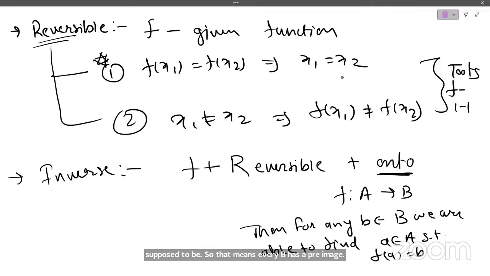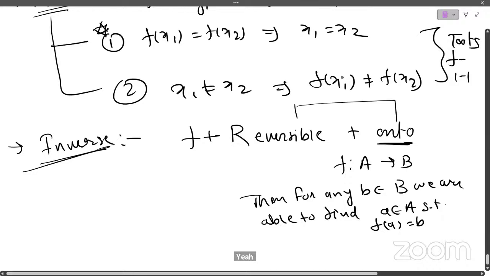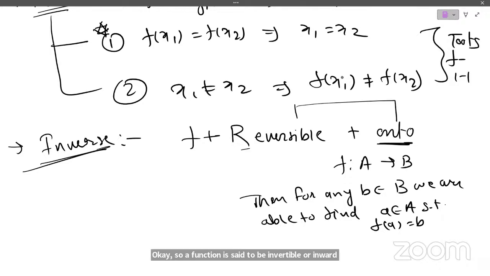So when a function possesses these properties, mainly these two properties, reversibility and ontoness, then that function is said to be inverse. So a function is said to be invertible if it is one-to-one and onto.